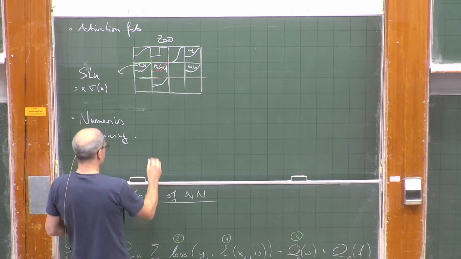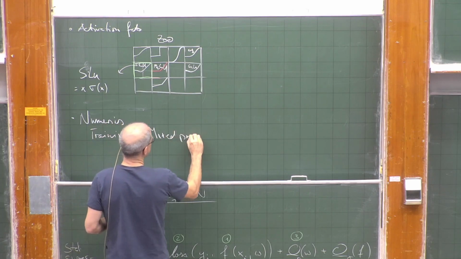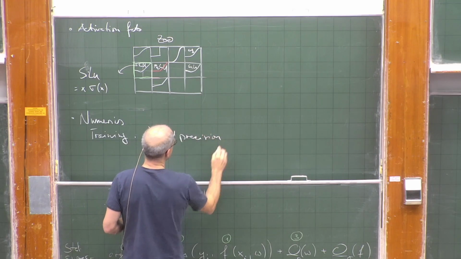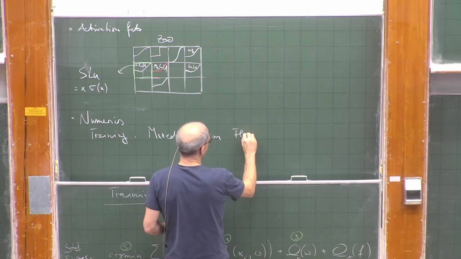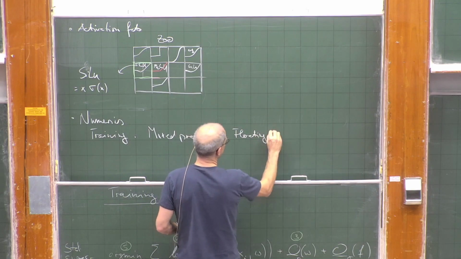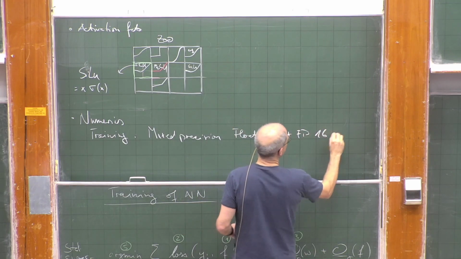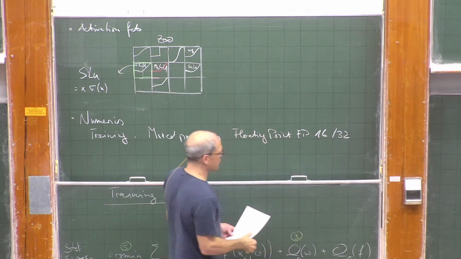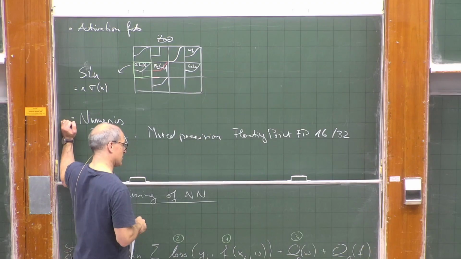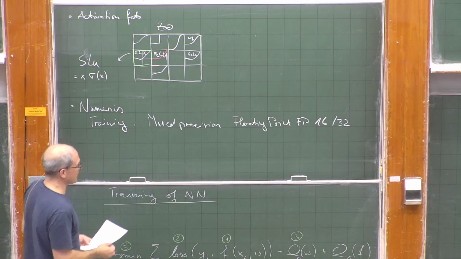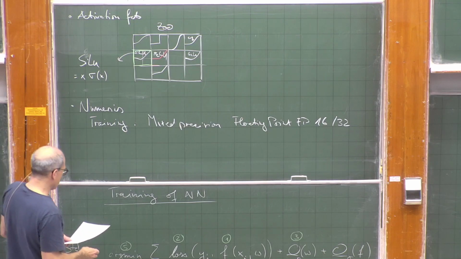So for example, use something which is called mixed precision, which modern libraries afford, where we can use floating point, or FP for short, 16 or 32, where we use the higher accuracy for the most crucial bits of the neural network, like the derivatives with respect to weights.